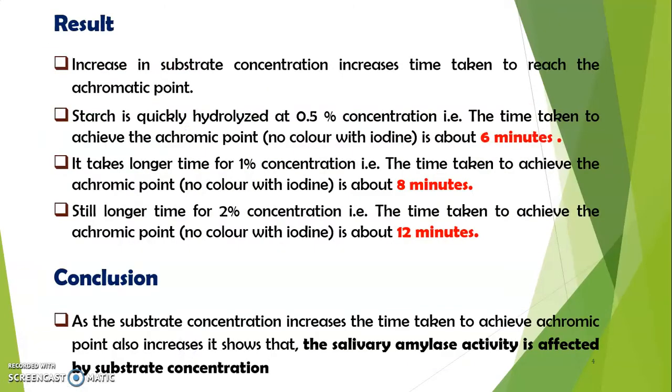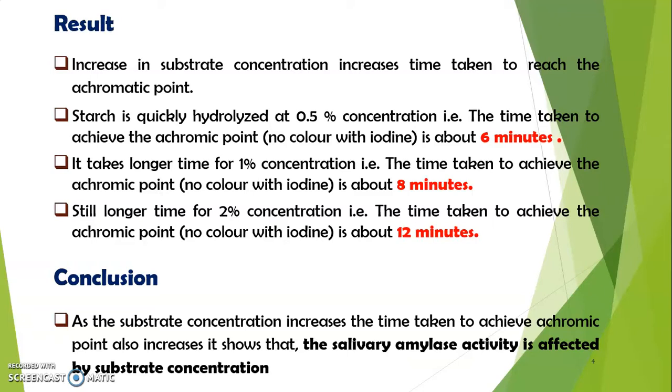So here we can conclude the result. Increase in the substrate concentration increases the time taken to reach the achromic point. Starch is quickly hydrolyzed at 0.5% concentration, that is the time taken to achieve the achromic point is about 6 minutes. It takes longer for 1% concentration, about 8 minutes.